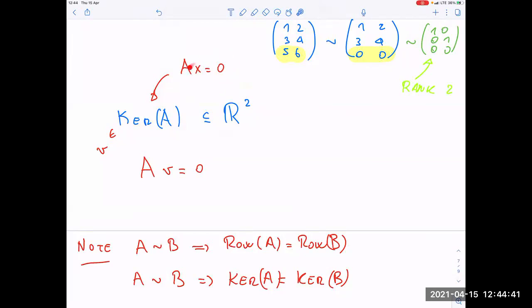And so the only solution is the trivial solution. And so the kernel is just the null space. So it means that the kernel of A is just the null space, the 0 of R2. Okay, so this is the situation here, right?